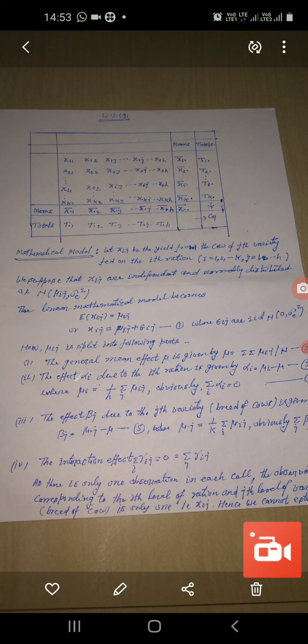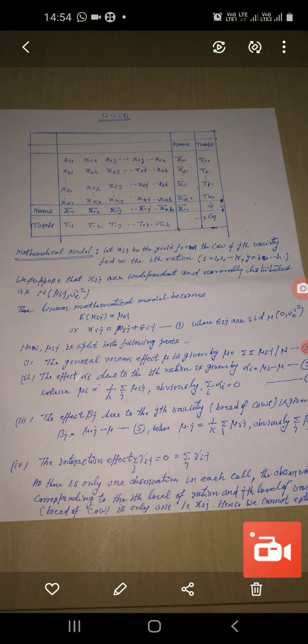Next, the effect beta j due to the jth variety, that is breed of cows, is given by beta j is equal to mu dot j minus mu, and let it be equation number 5, where mu dot j is equal to 1 upon k summation i mu ij.